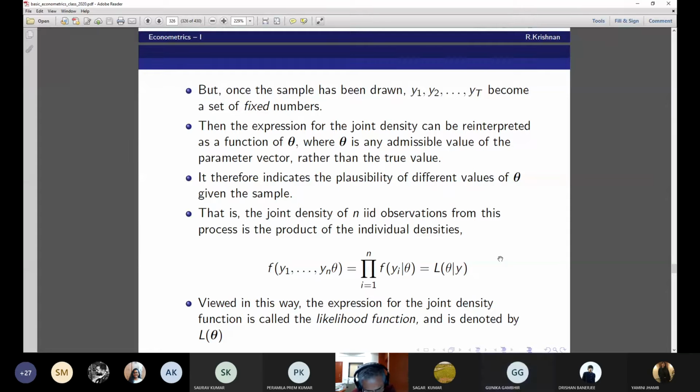Yes, sir. Your question is correct, this is not the only sample. How did we solve it in the least squares estimation? In least squares estimation also, we had one sample. We estimated B through least squares, correct?